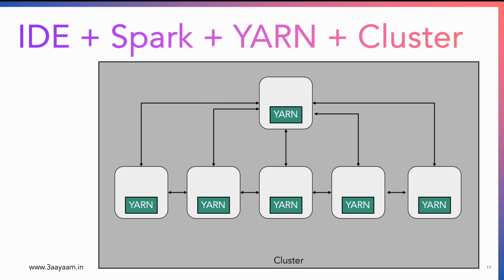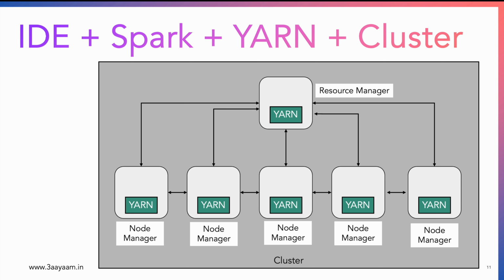Again, if you use EMR, we do not have to do any installation. The installation would be done by AWS automatically. If you are using Dataproc, then again, we do not have to do any installation. It will be done by Google Cloud automatically. Once we install Yarn in all these, the component that gets implemented on the primary node is called Resource Manager, and the component that gets installed in the compute nodes is called Node Manager.